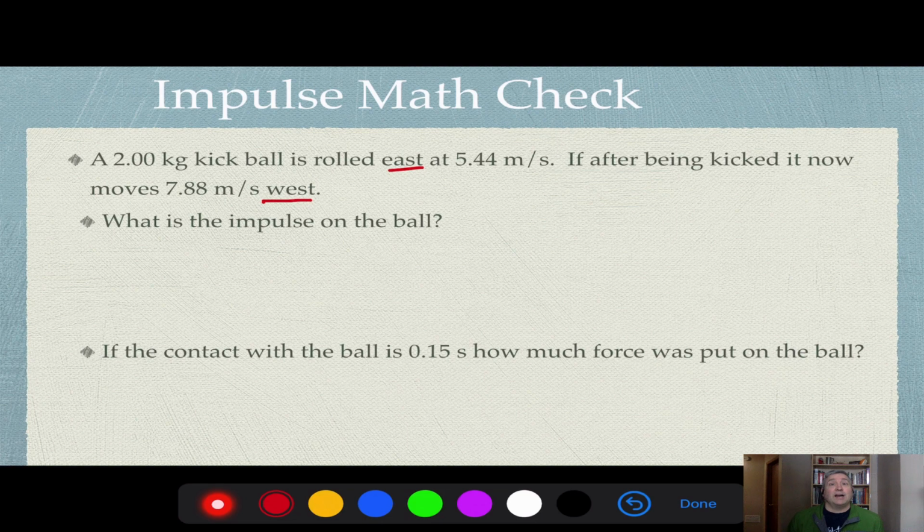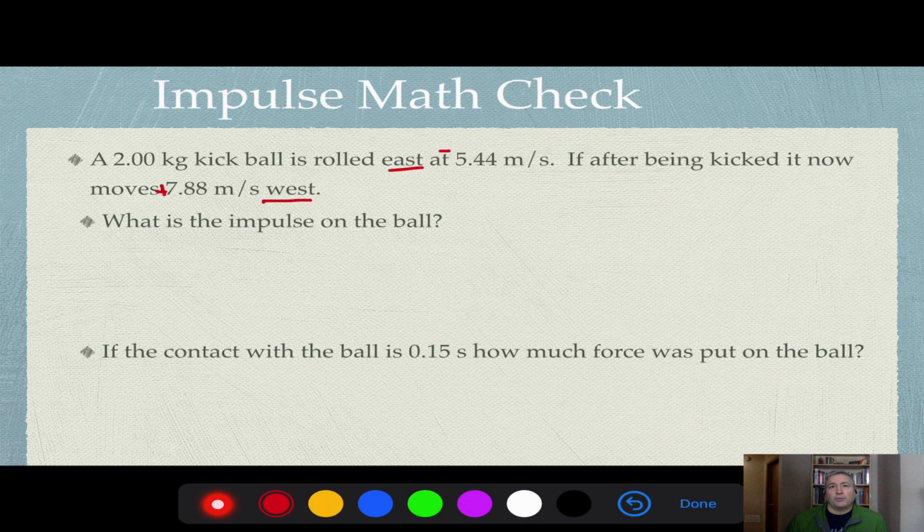That would mean speeding up, and it would have a change in velocity of 2.44 meters per second. No, it changes velocity radically, like 12.88 meters per second, because it reverses direction. So I'm going to make the west positive and the east negative. All right, so treat everything in relation to the westward direction.